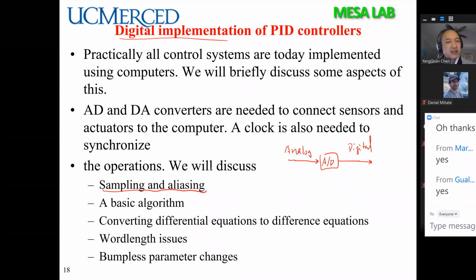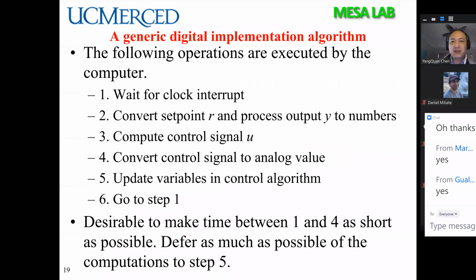If we don't sample fast enough, we are going to have aliasing. We are going to learn that after the spring break. And then how to convert a differential equation to a difference equation, and how to do bumpless parameter change and word length issues. All these practical issues arise when you implement the PID control in digital form, okay?